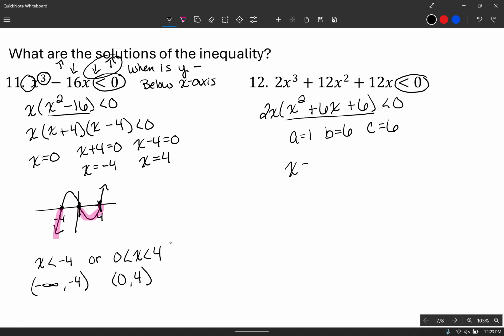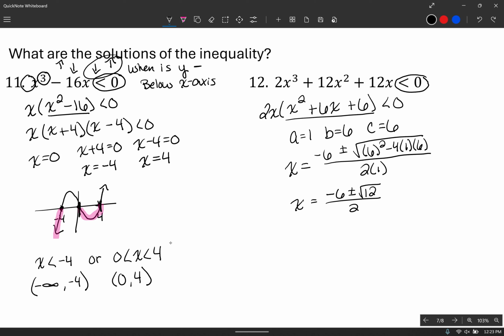So x is equal to negative b plus or minus the square root of b squared minus 4 times a times c, all over 2 times a. So the number underneath the root is 12.